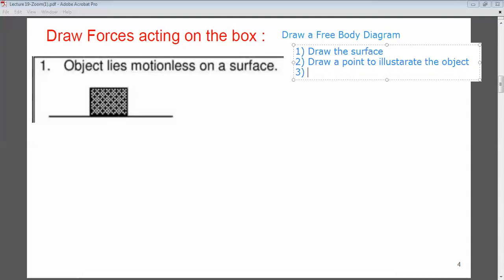Third step, it will prove useful later, but for now we will do it. Draw the x-axis and y-axis. How to draw them? X-axis along the motion, y-axis perpendicular to it.